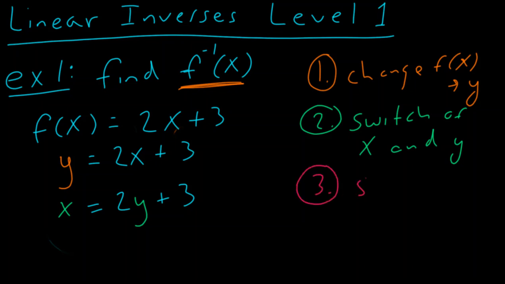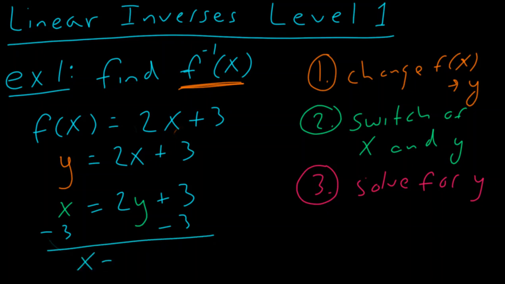And now we go on to our third step. And here we solve for y. Okay, so if I want to solve for y, I want to get y by itself. Let's see, what am I going to do? I start by subtracting 3. I subtract 3. And I now have x minus 3 is equal to 2y. And now I'll just divide everything by 2. So there's kind of two ways I can do this.